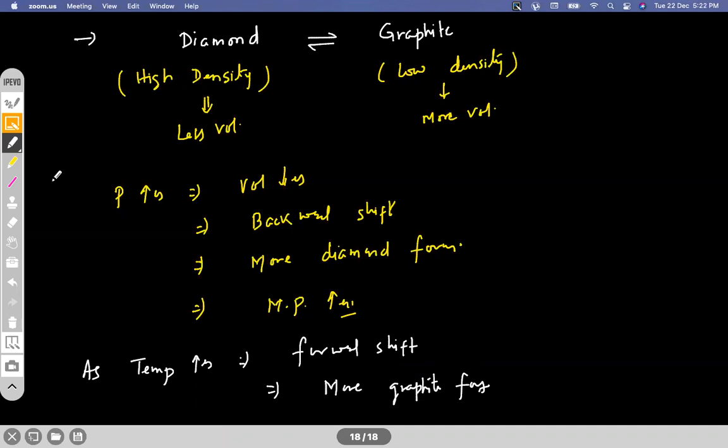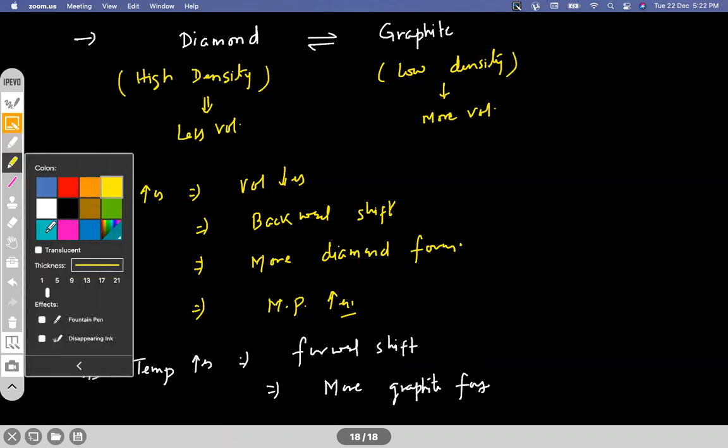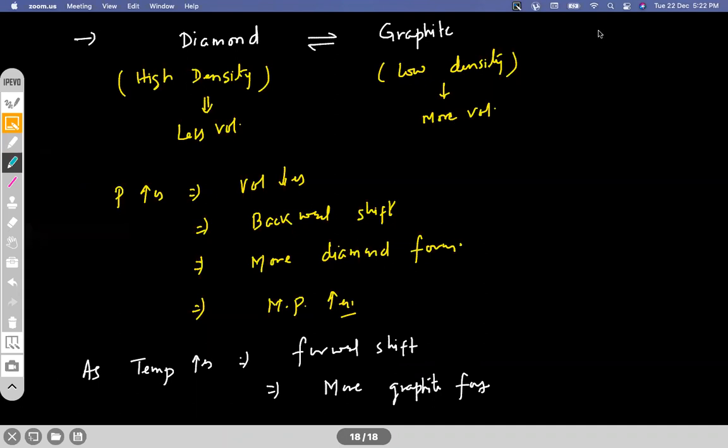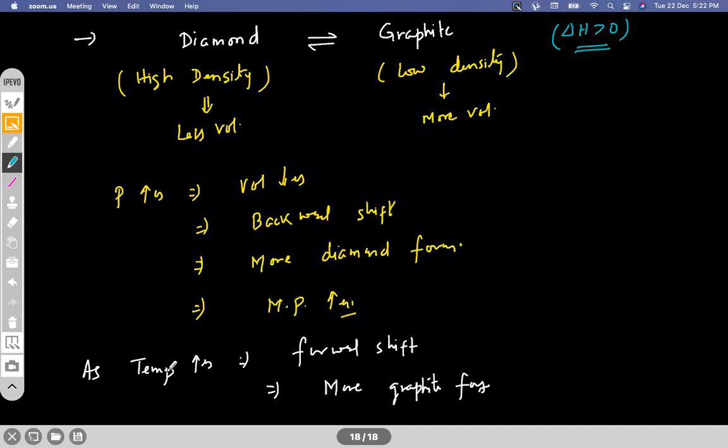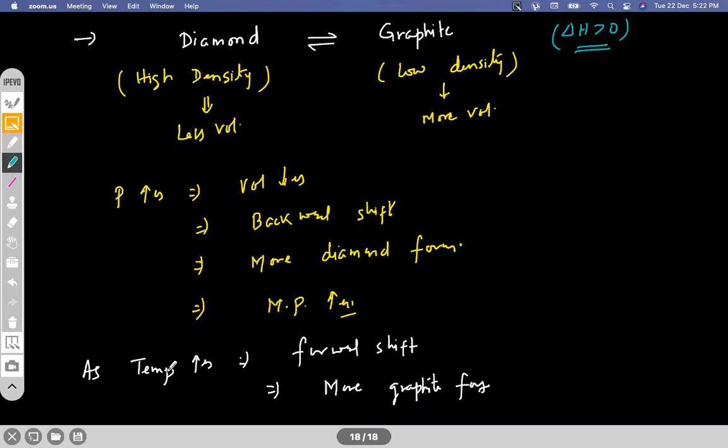This change, diamond to graphite, is endothermic in nature. This factual thing, you must keep in mind. And once you know this, you can understand the effect of temperature also. In endothermic reaction, tell me what happens if temperature increases? Forward or backward shift? We have done it just now. In endothermic reaction, what happens with increase in temperature? Forward shift, right? So forward shift means more graphite will form.